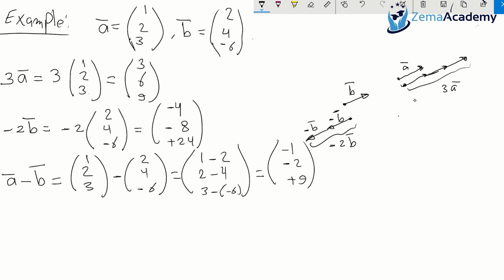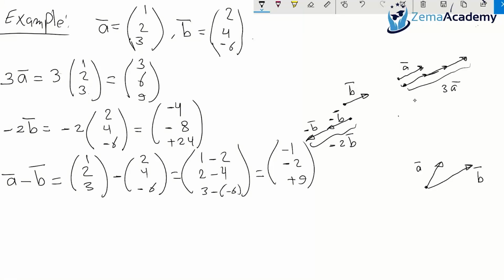In vectors, what is that A minus B? I believe it's this way. So assume A and B this way.